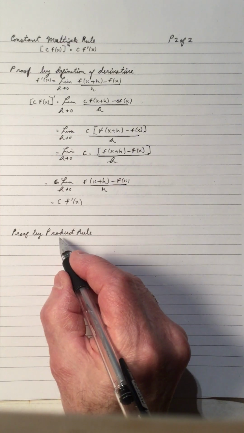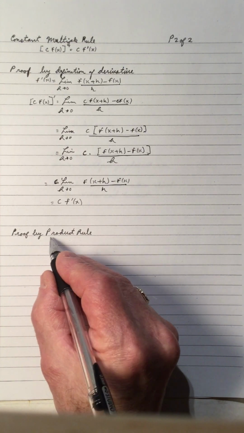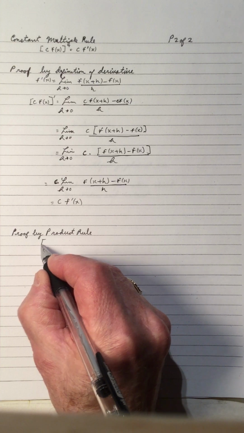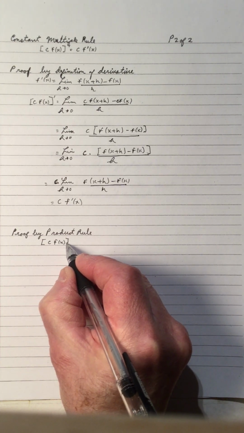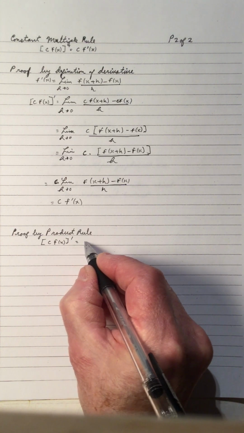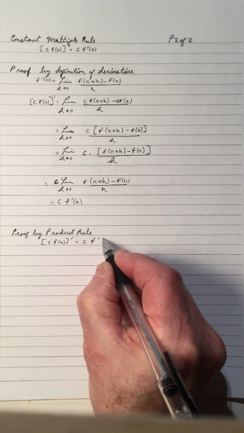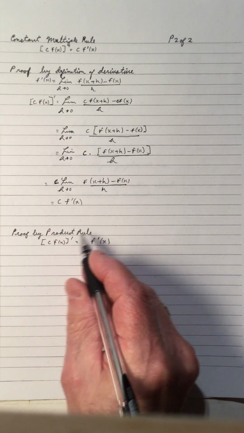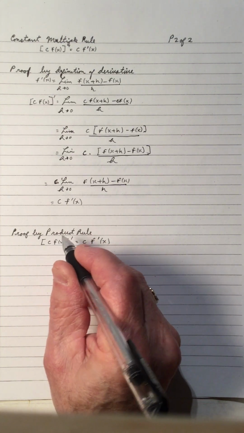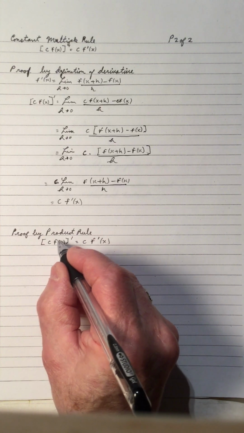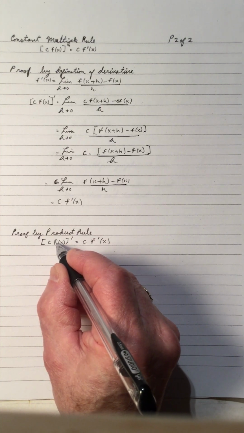We can also prove it by the product rule. So we have the derivative of c f of x is equal to c times the derivative of f of x. I'm going to use an f and a c because I'm used to that, even though this f of x is here.